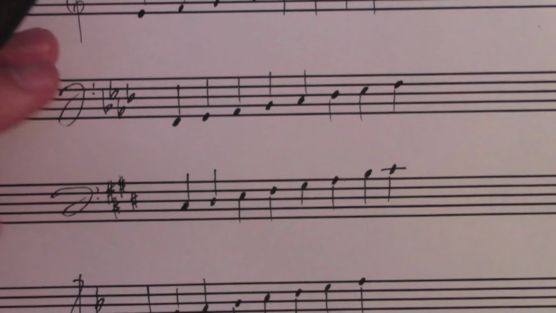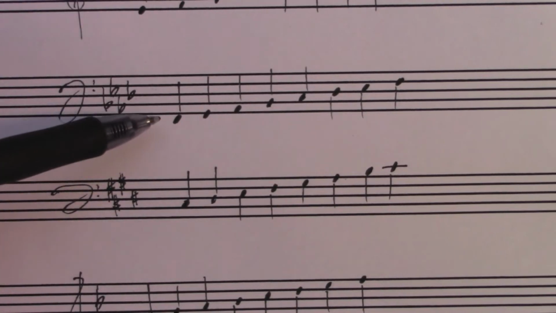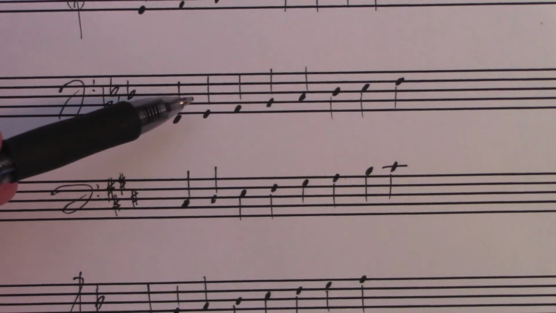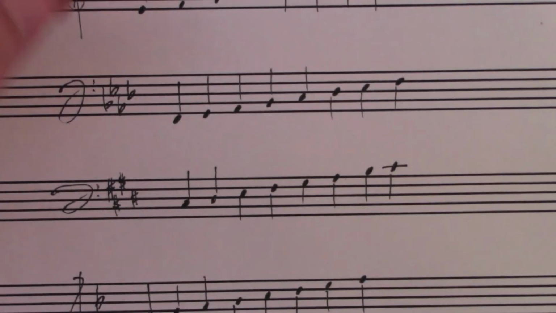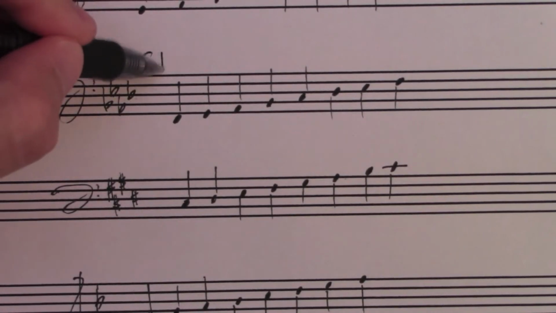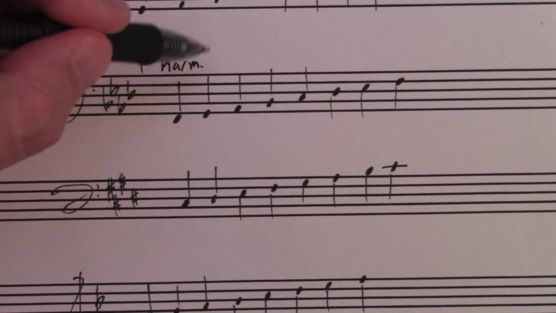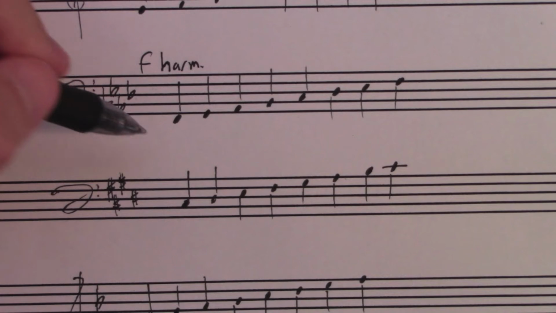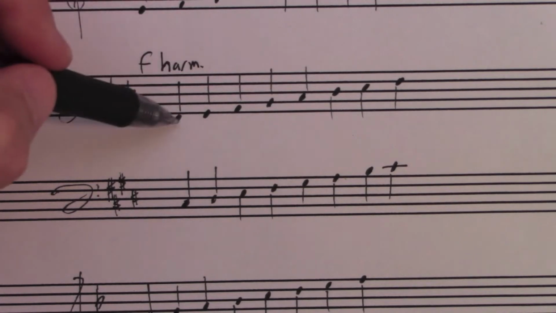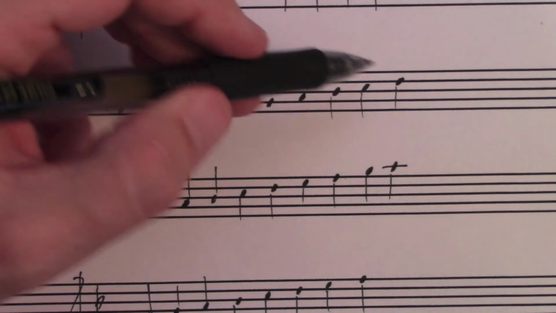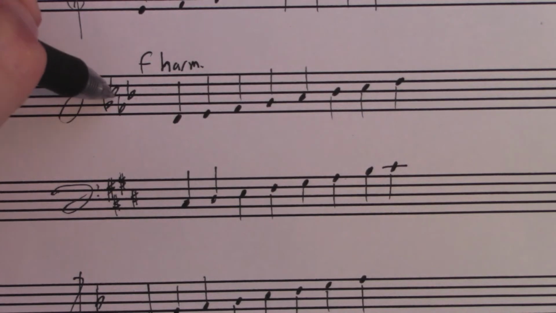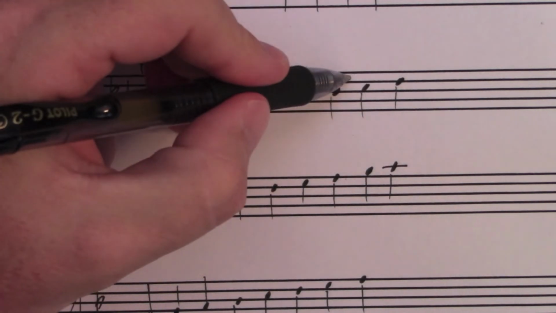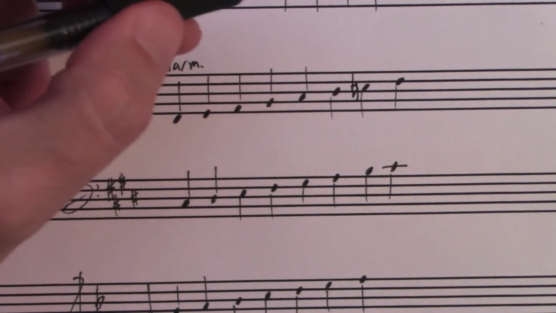Okay. So, here we have F minor. If we want to make this F harmonic minor, what do we do? We raise scale degree 7. 1, 2, 3, 4, 5, 6, 7. It's currently an E flat, so we make it an E natural.